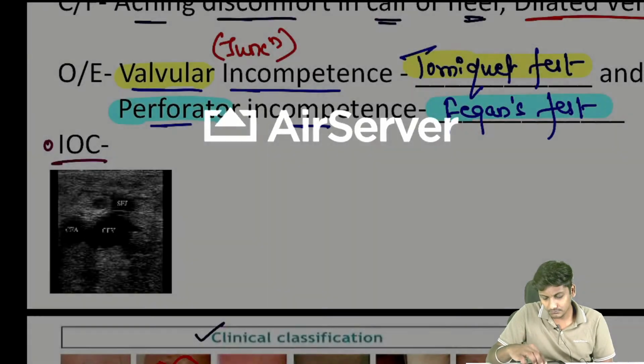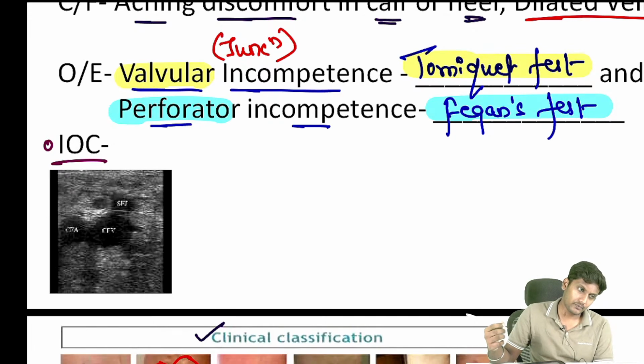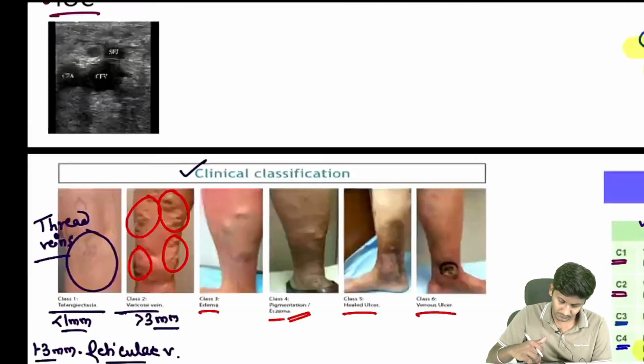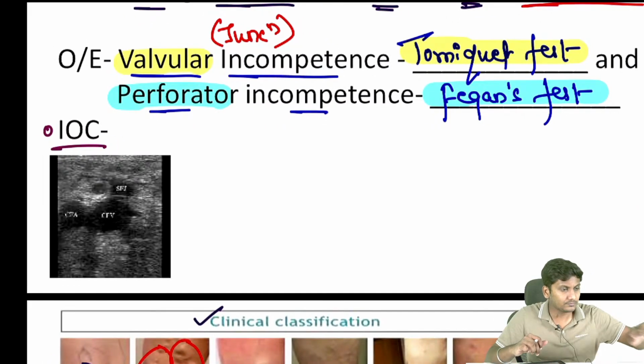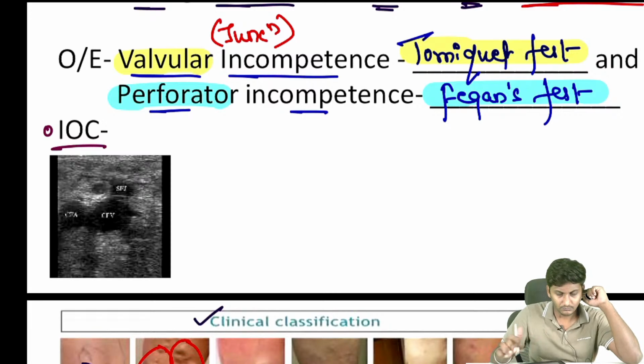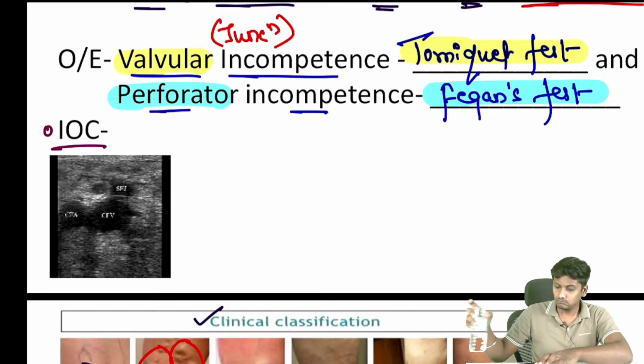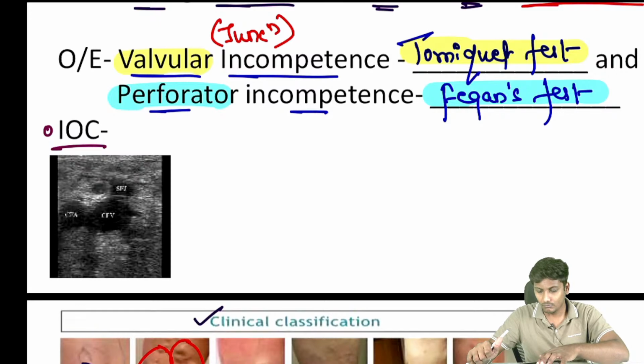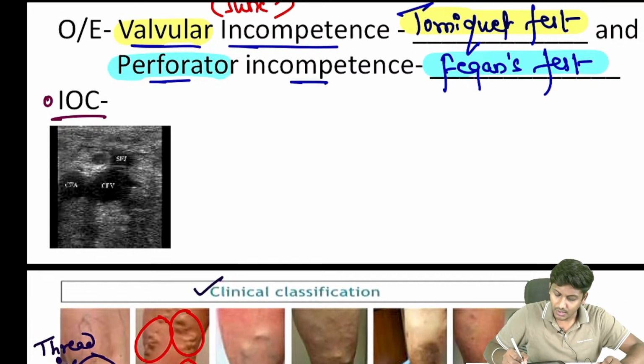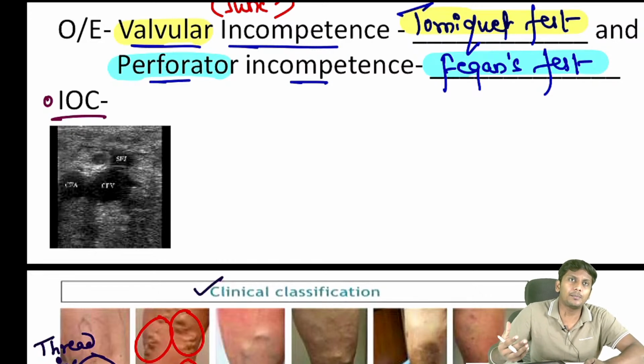Done. Okay. Now next important, if I talk about the investigation of choice, again I've told you for varicose veins also, these are superficial veins, so easily. Okay, chalo then. Now definitely if I talk about the investigation of choice, definitely बच्चे, here also the patient is going to have what?